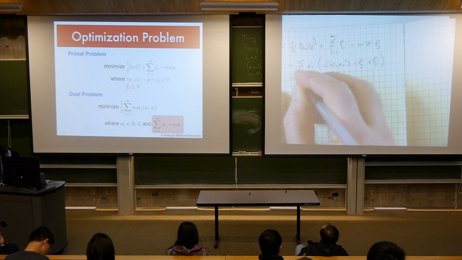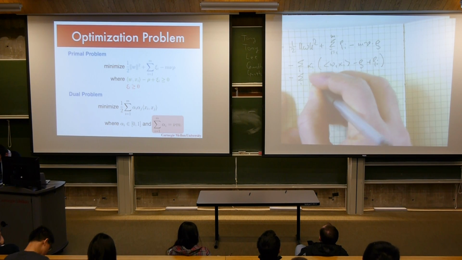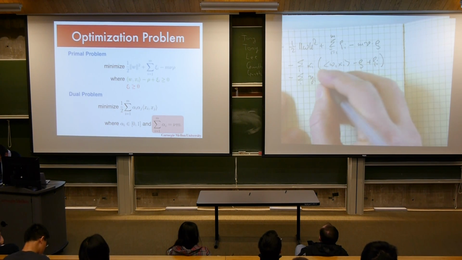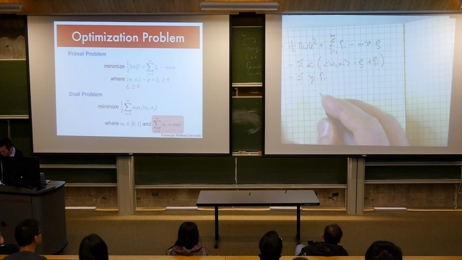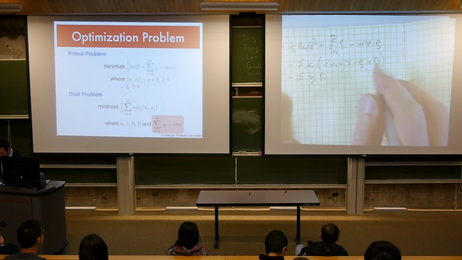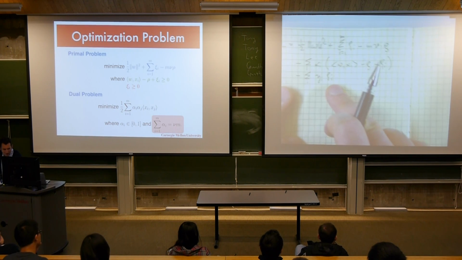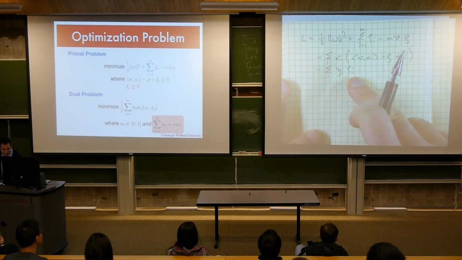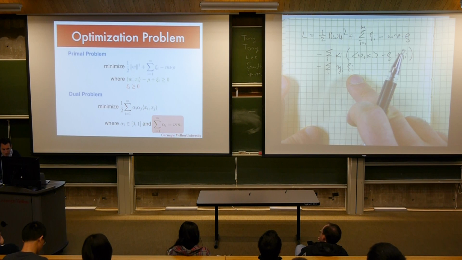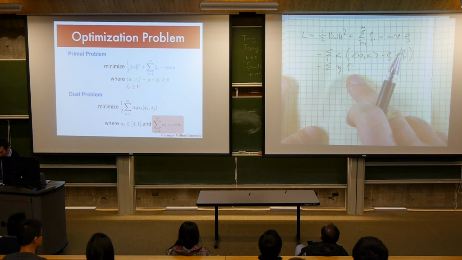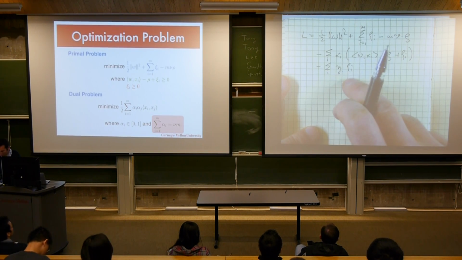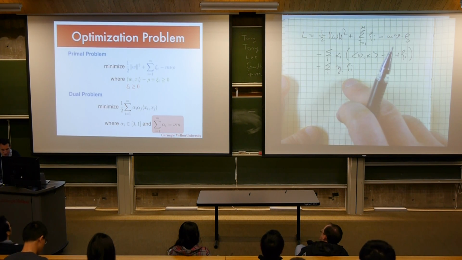And we have minus sum over i eta i psi i. So the first set of constraints comes from the margin constraints. This one just says you cannot benefit from doing better than what you expected to do on those points that are already correctly classified. So this comes from the fact that the psi i's have to be greater or equal than 0.